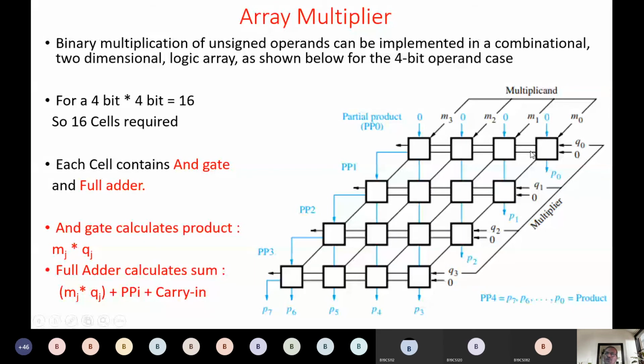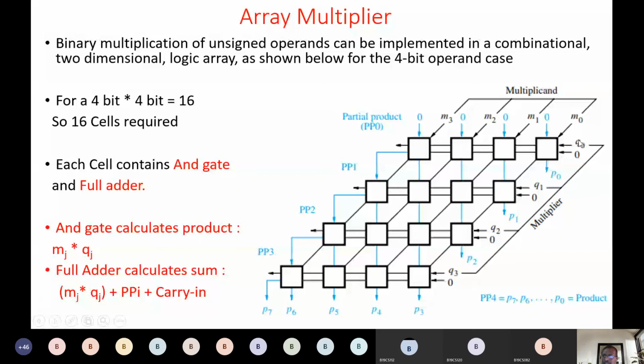That's why we pass Q0 to all these cells so that it can be multiplied with all the multiplicand bits. Similarly, Q1 is given as an input to all these cells because Q1 is again multiplied with M0, M1, M2, M3. Similarly, Q2 and Q3 are each multiplied with M0, M1, M2, M3.